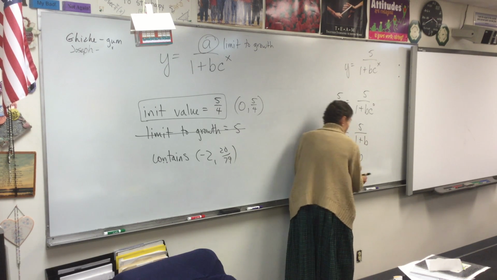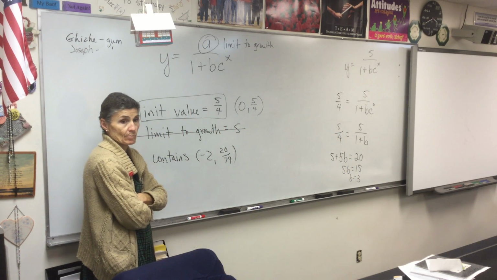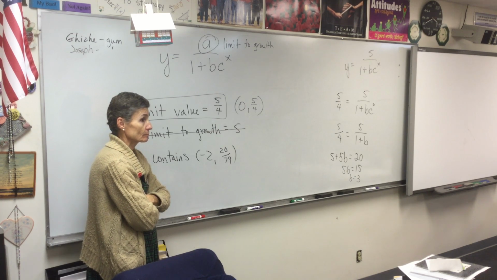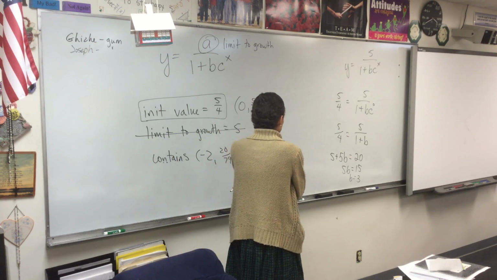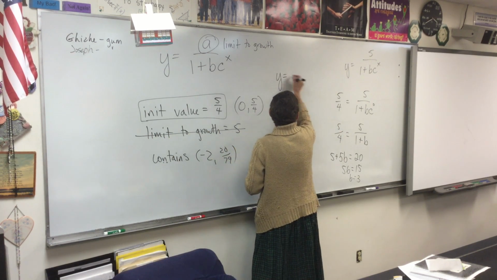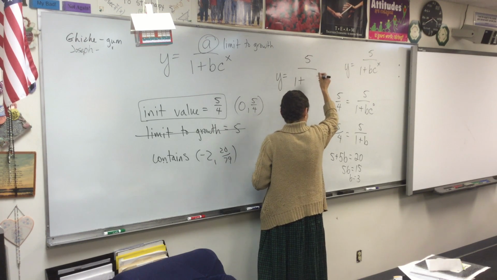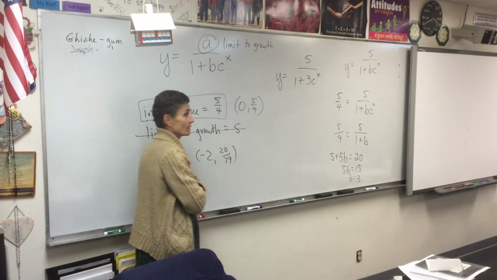It looks like b equals 3. You okay with that? All right, so now my equation, I'm down to y equals 5 over 1 plus 3c to the x.